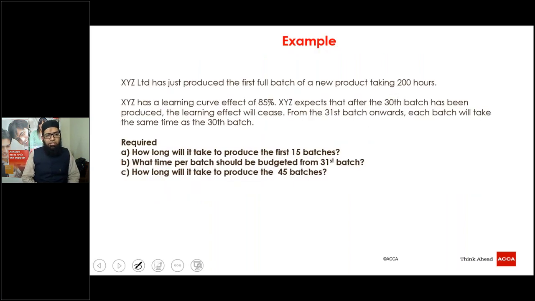Now let's discuss this example. I will be doing this example on the spreadsheet, by the way. So please read this example.